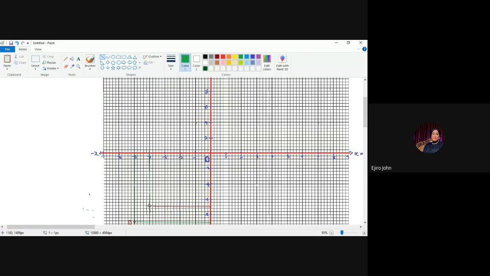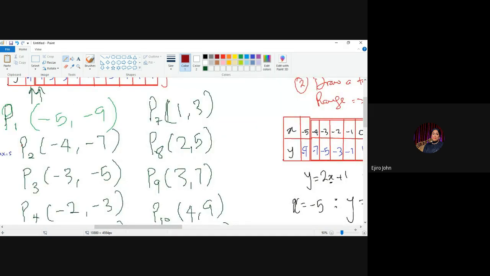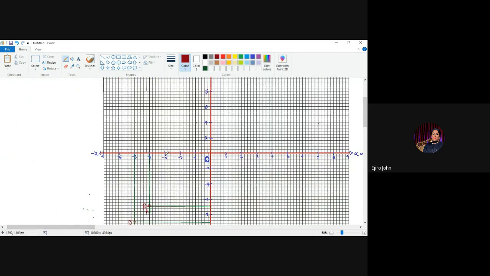I will continue to locate all the points until we get the final answer. So this is P2. Sorry. P3 was -3 -5.